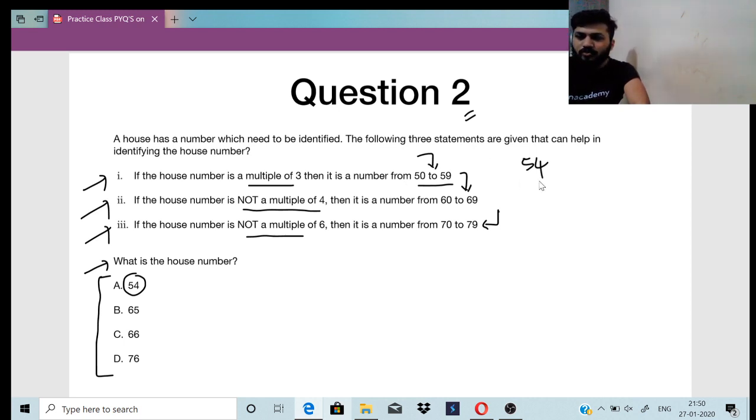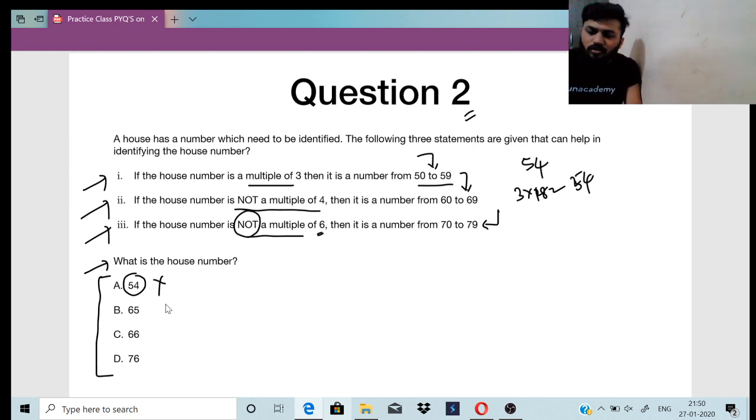Yes, it is a multiple of 3, obviously. 3 into 18, 3 18s are 54, right? But it is a multiple of 6 also. 54 is a multiple of 6 also. 6 8s are 48. You should get not a multiple, right? You should get not a multiple. That's why this is wrong. Okay? So Pranav, I know why you got confused there.